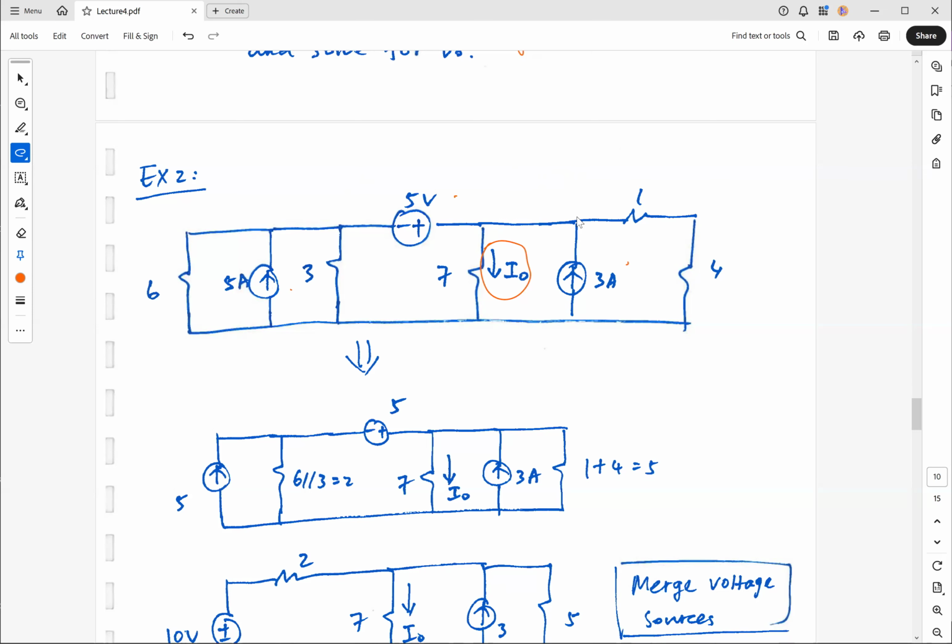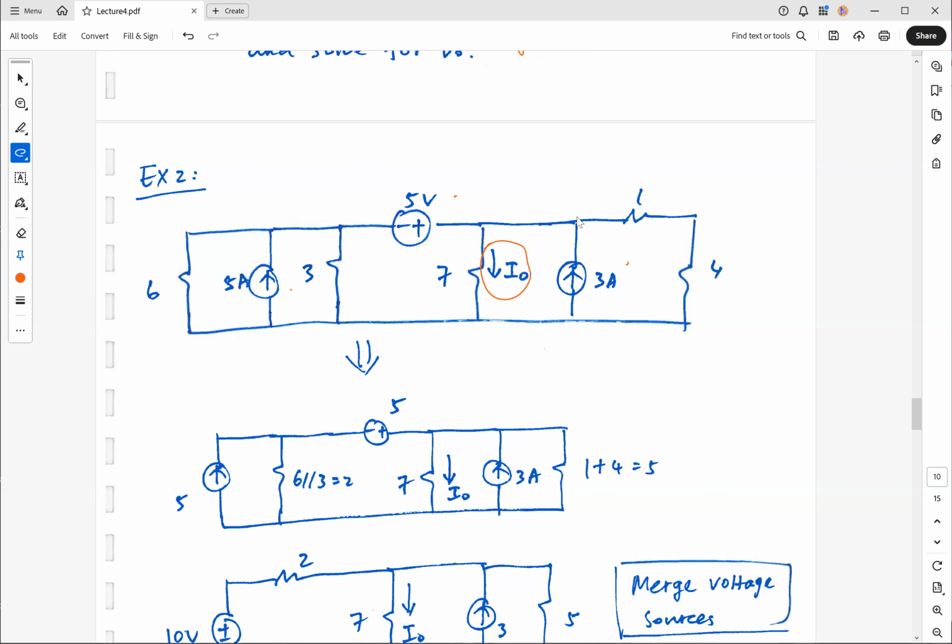And I want to make use of source transformation as much as possible, so that hopefully I can perform this circuit reduction.